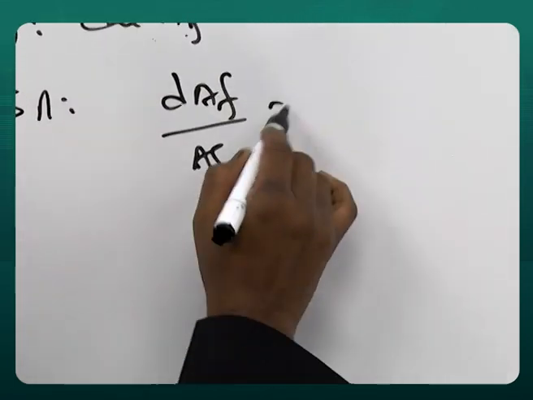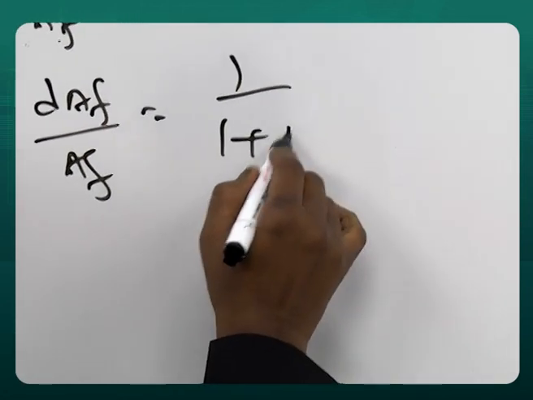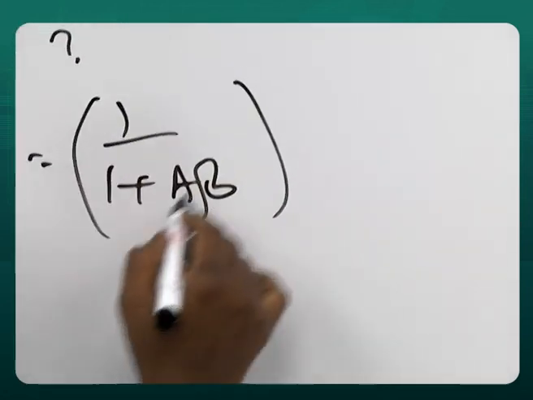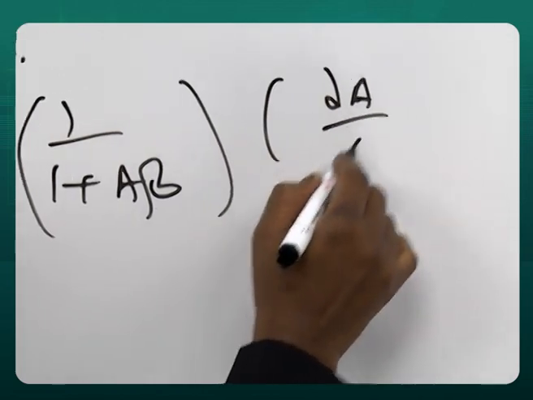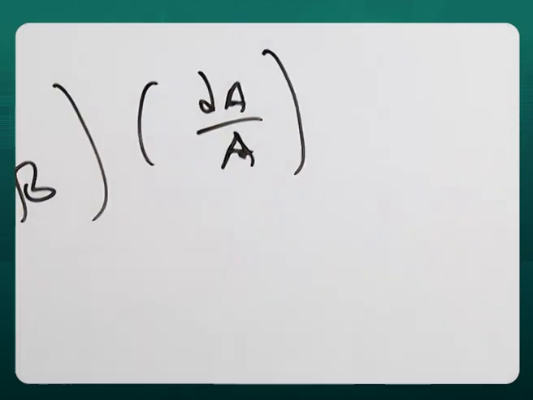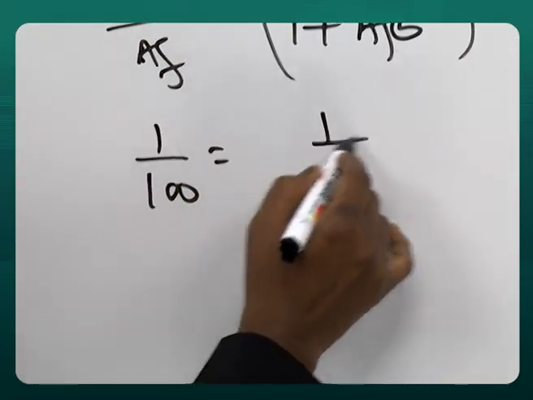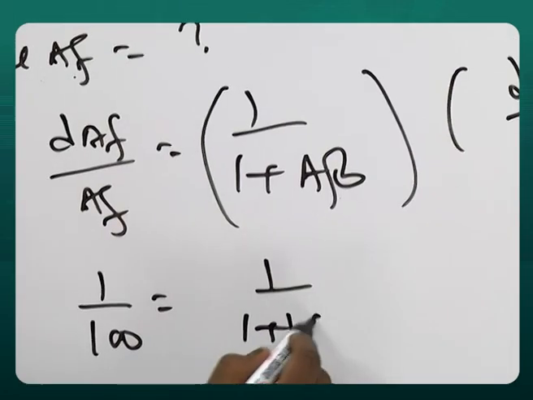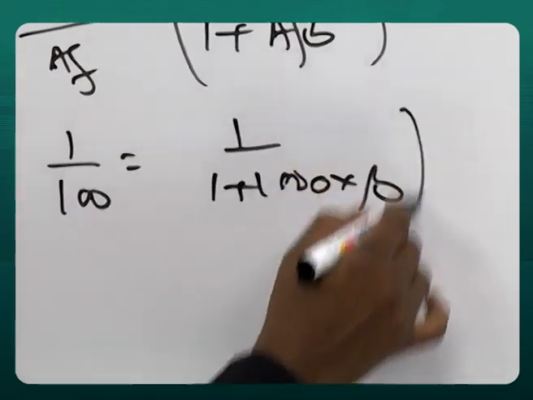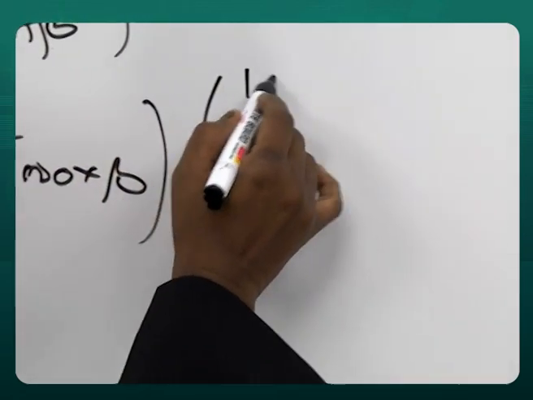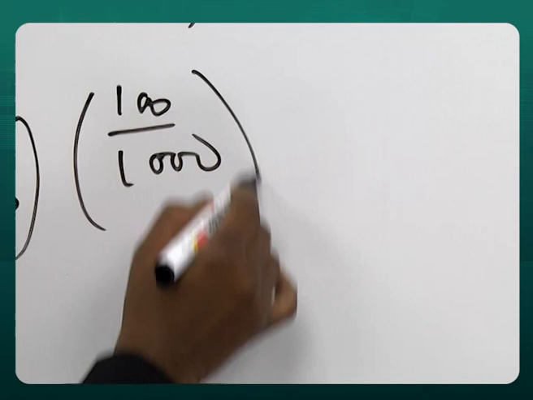dAF by AF is equal to 1 by 1 plus A beta into dA by A. He said 1%, that means 1 by 100 equals 1 by 1 plus 1000 beta into 100 by 1000.